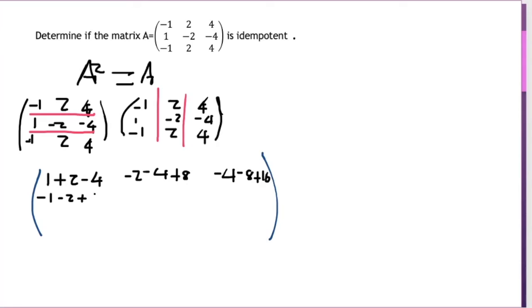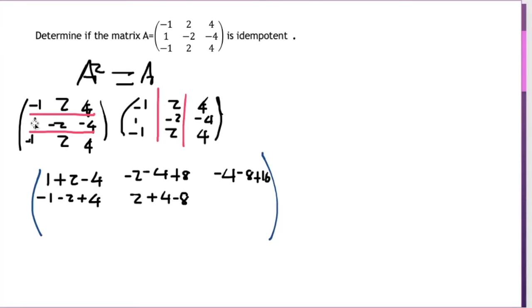So I will write +4. Next, I will multiply the second row by the second column. So 1 times 2, that's 2. Next, I'll multiply -2 times -2, that's +4. And lastly, I multiply -4 times 2, that's -8. So I'll write my -8 here.